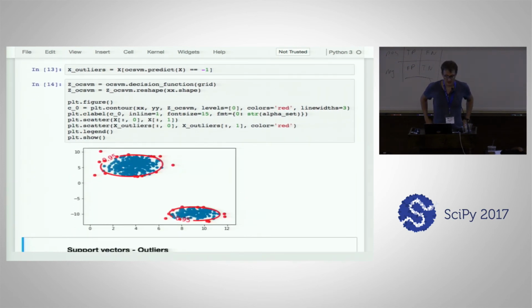So let me just illustrate this. Here, all the red dots are the points which are actually outside of the decision function, the decision boundaries, and are outputted by the one-class SVM. So here it looks very similar to what you got with the kernel density estimation.